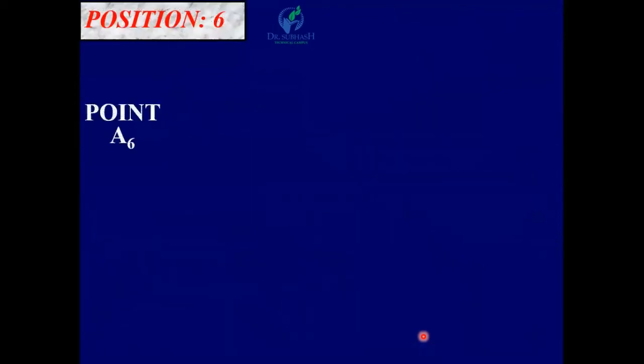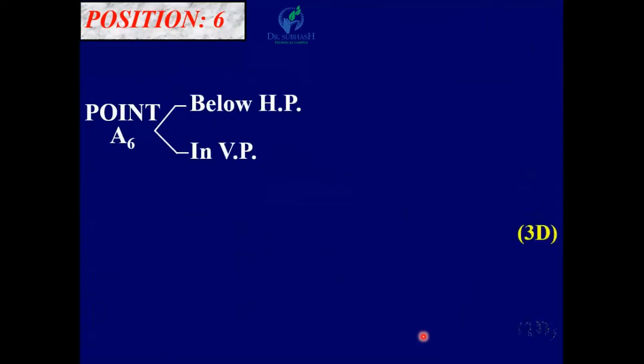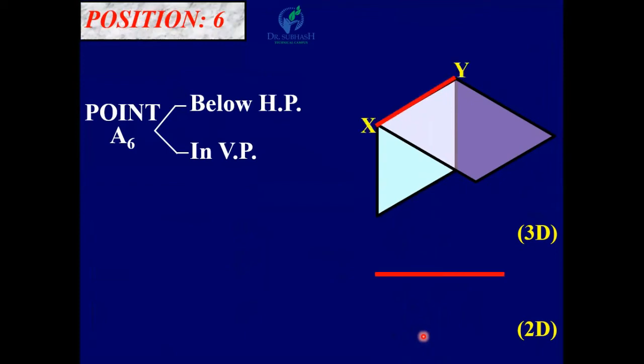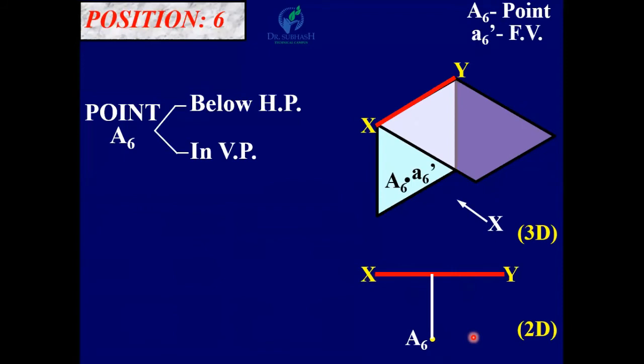Position number 6, point A6 below HP in VP. Here point A6 is in VP and below HP. So here original point A6 is below XY line and its front view A6 dash is also below XY line.